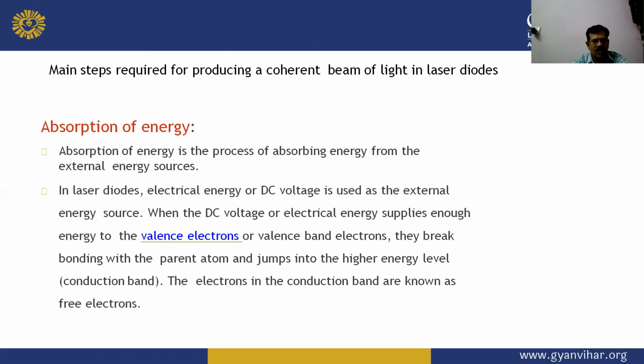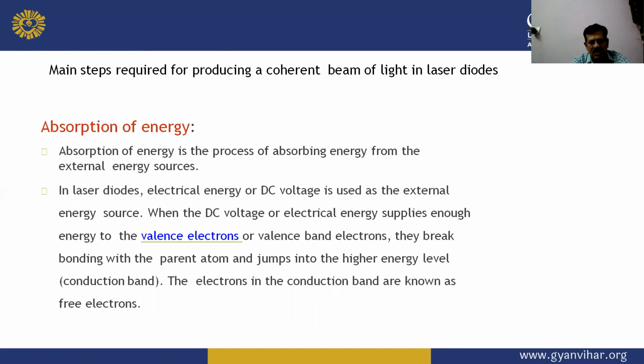Absorption of energy is the process of absorbing energy from the external energy source. In a laser diode, electrical energy or DC voltage is used as the external energy source, as a biasing voltage.